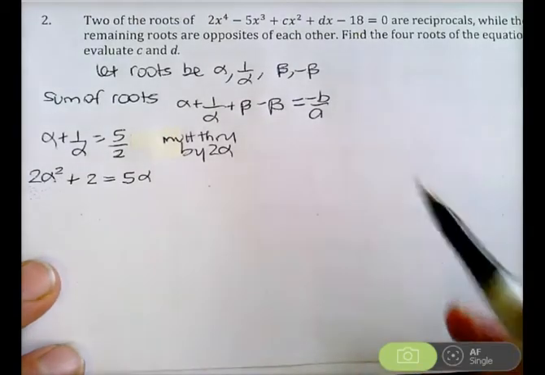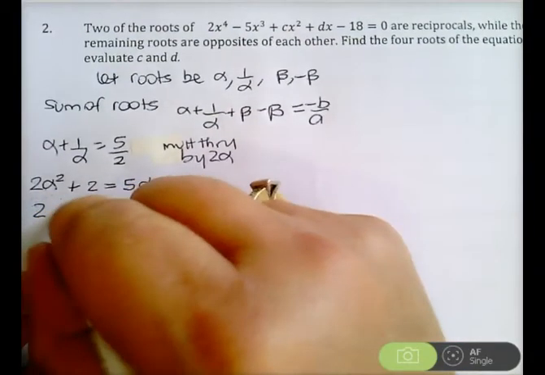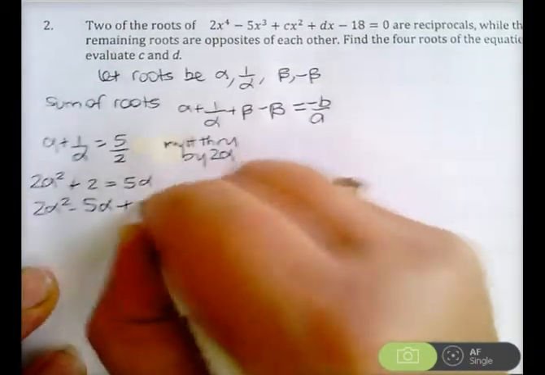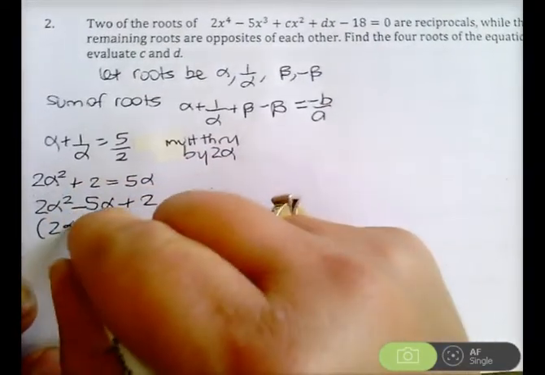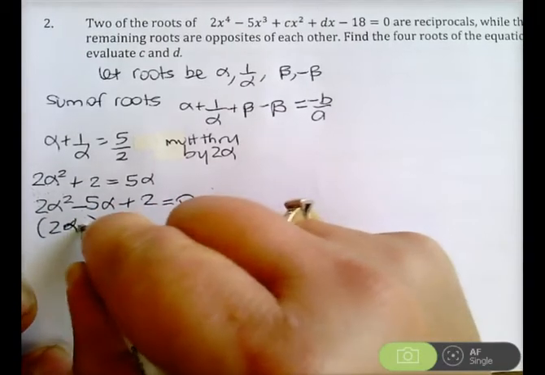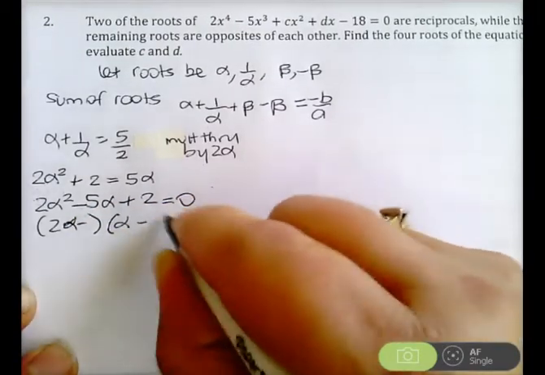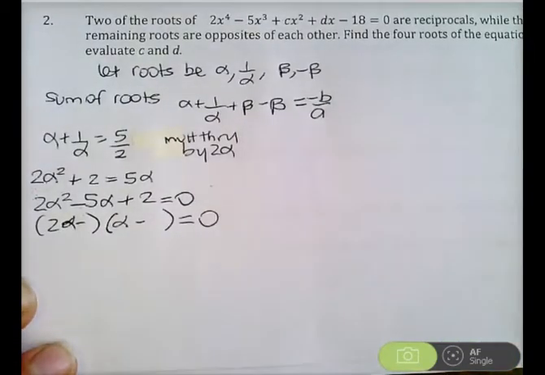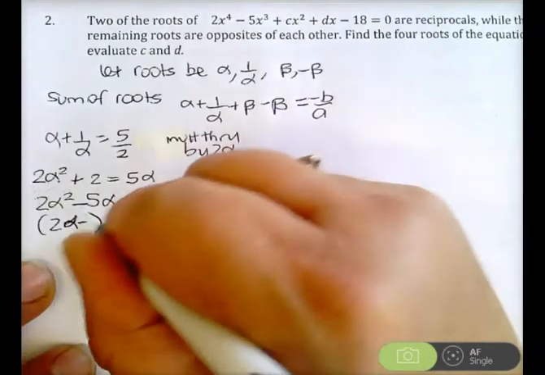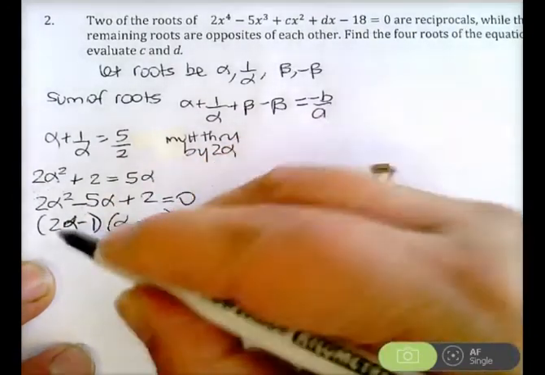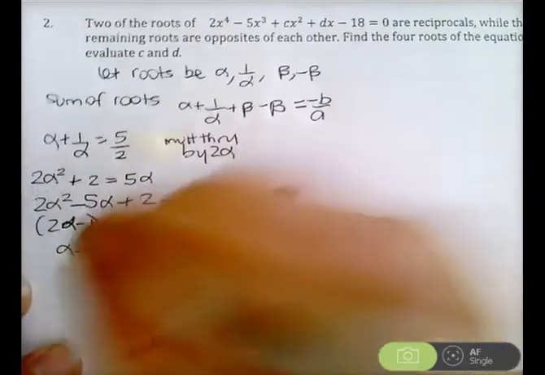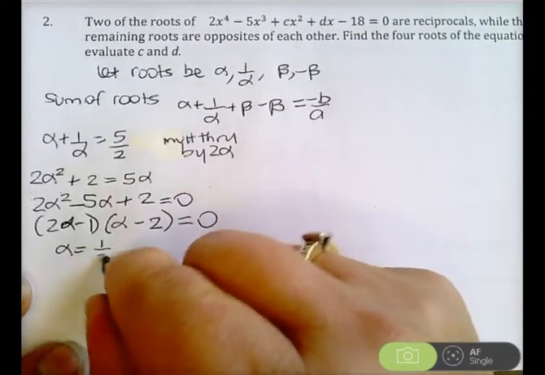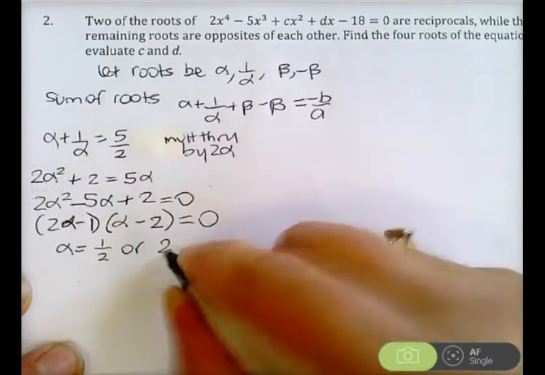Yeah. So therefore 2 alpha squared minus 5 alpha plus 2 is 0. Factorising. I think we need minuses, and we're going to have a 2 and a 1. Minus 4 minus 1. Yep, so therefore alpha is a half or 2.